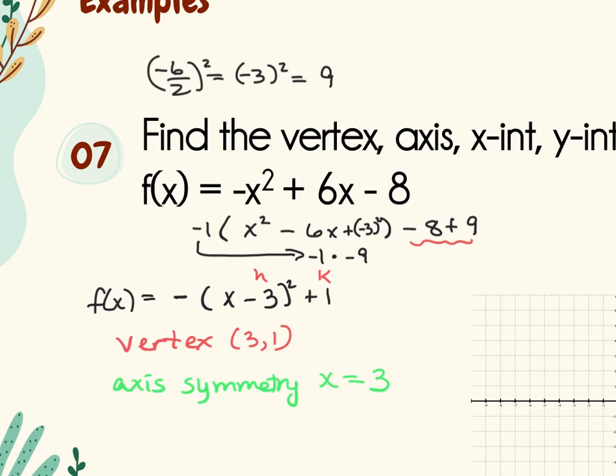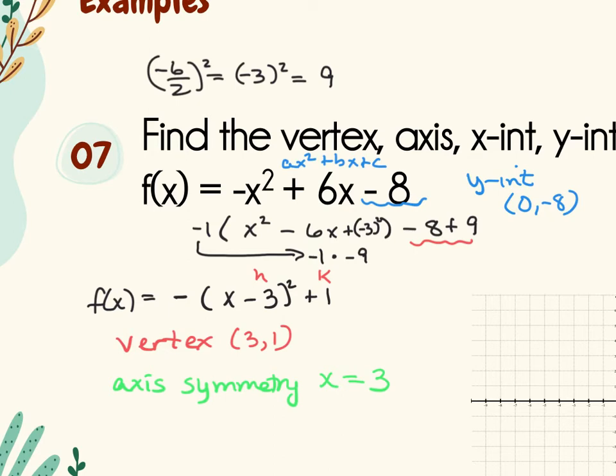Now, when you're working with both forms, you can just look right up here at your original equation, and remember, when it's in this form, the ax squared plus bx plus c, the c is your y-intercept. So my y-intercept is the ordered pair 0, -8.